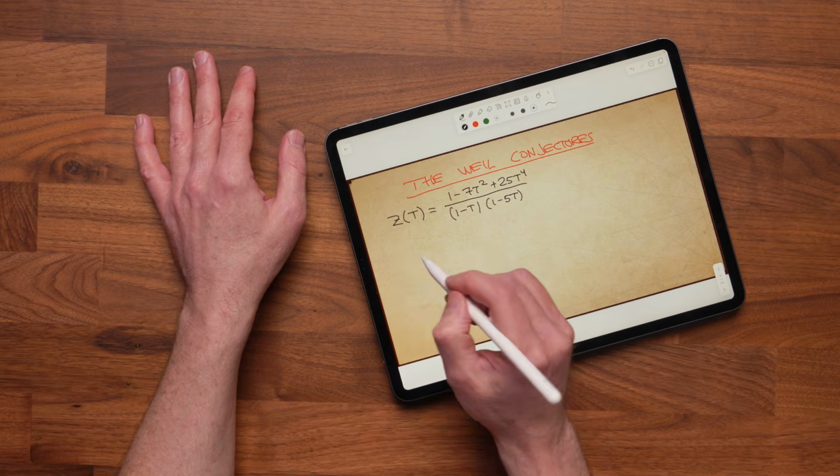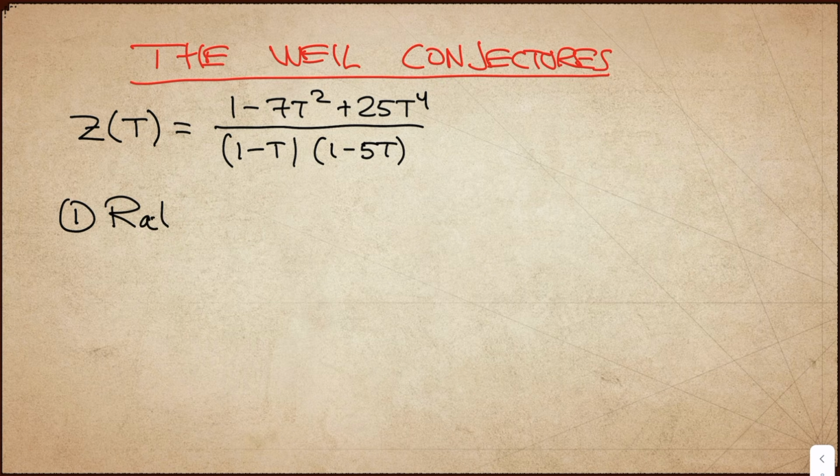Look at the zeta function again. Point number 1, this is a rational function, a polynomial divided by a polynomial. And that is not a priori obvious at all from the point counts. In fact, this is the first Weil conjecture, that a local zeta is always rational.